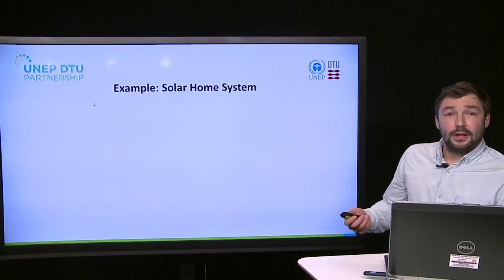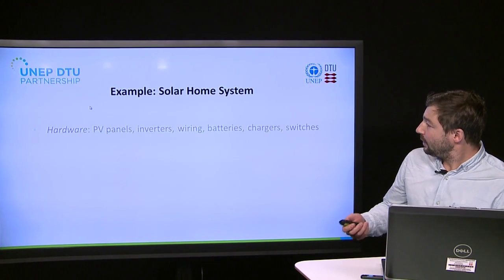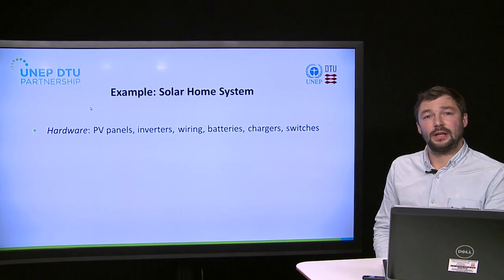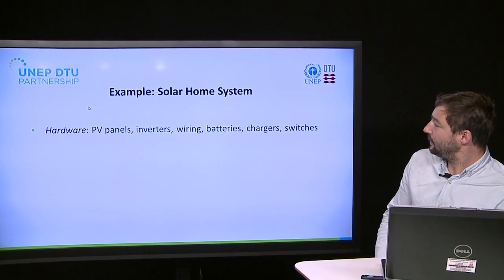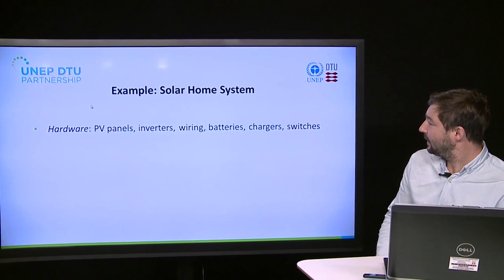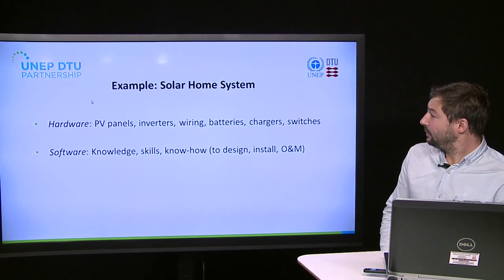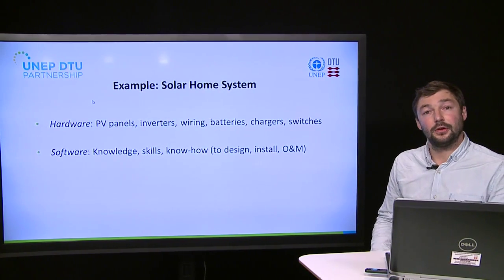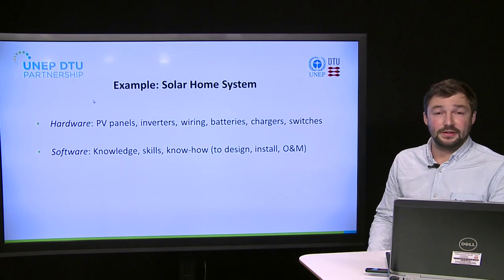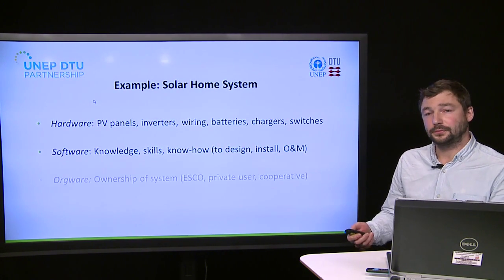So we can look at an example of a solar home system technology, where we can find the hardware dimension represented in the case of the panels, the inverters, the wiring, the batteries. The software dimension in this particular technology will be related to the knowledge, the skills, the know-how involved in installation or operation of the solar home system technology.